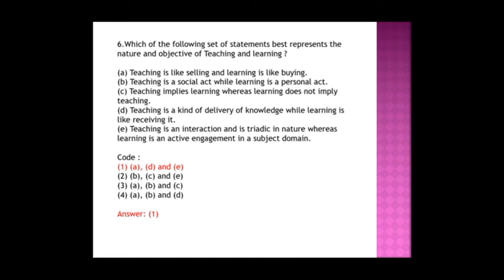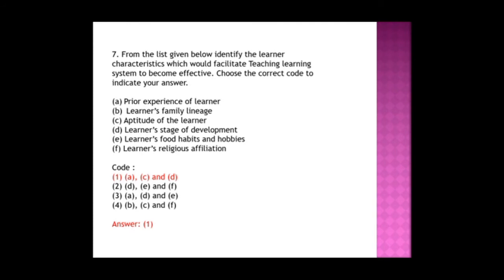So here A, D and E are the best statements related to the objective of teaching and learning. And other statements like B, C are not related to this, because teaching is a social act while learning is a personal act. No. And teaching implies learning, whereas learning does not imply teaching. That's also not correct. So A, D and E are the correct answer here.